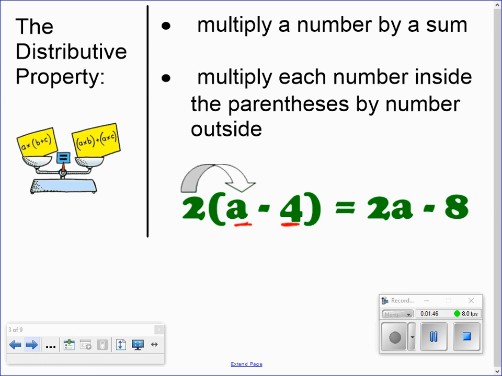So you would do 2 times a, which would be 2a, 2 times 4, which would be 8, and keeping that operation in the middle. So this is your distributive property.